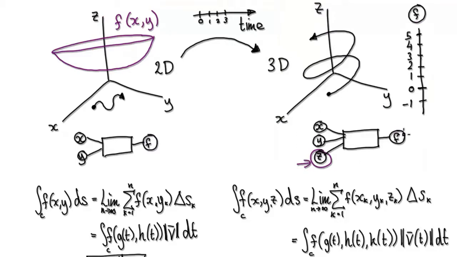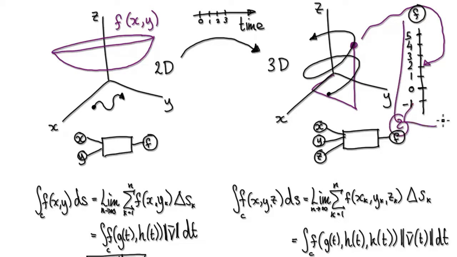So you have to imagine the output as being some sort of new axis, if you like. For example, if your particle is currently here, let's say it's 2 across, 3 across, and 5 up, then it will output, let's say, the value of 2. So the output here is this new axis, if you like.